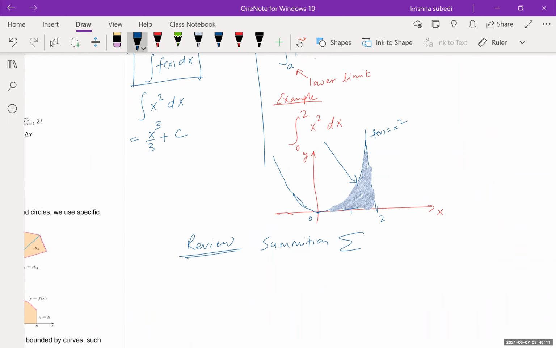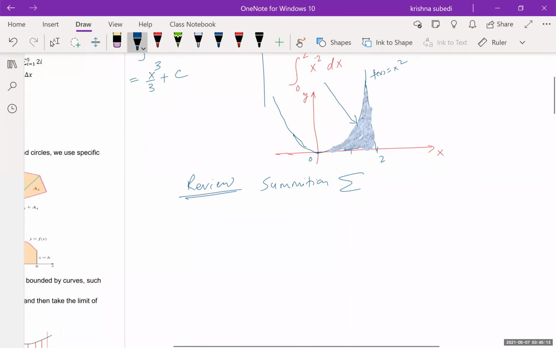I think you guys are familiar with this. Recall from your high school, I want to take you to high school just for a few minutes, and we recall this idea of summation. Let's say if I have 3i, for example, and i from 1 to 4.